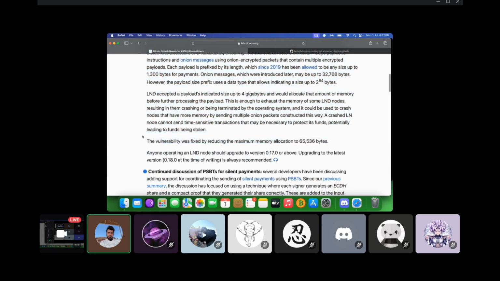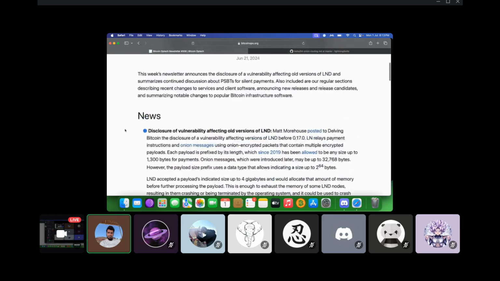The vulnerability was fixed by reducing the maximum memory allocation to 65,536 bytes. Anyone operating an LND node should upgrade to version 0.17.0 or above. Upgrading to the latest version, 0.18.0 at the time of writing, is always recommended.